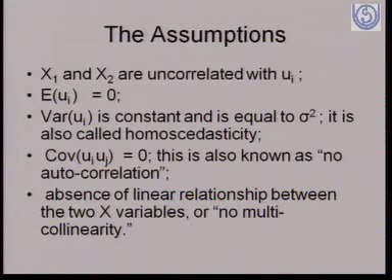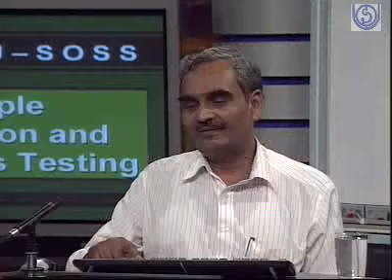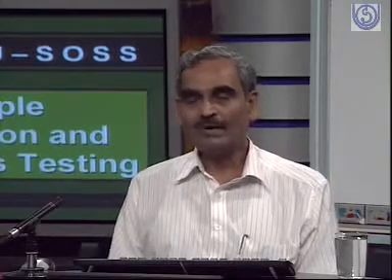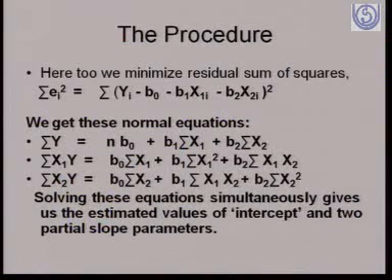This is also called the assumption of there being no multicollinearity. Multicollinearity is absent, and this assumption is critical for estimation of the linear multiple regression model. Here we have to ensure that our estimation procedure is looking for one single linear relationship, and that linear relationship is between variable y and the two variables x1 and x2.